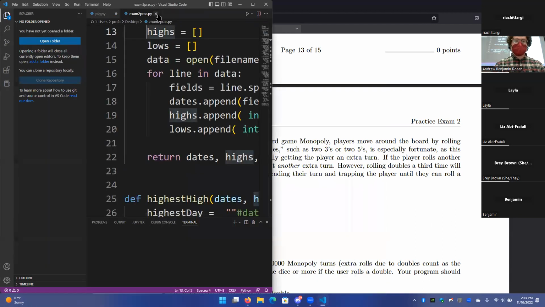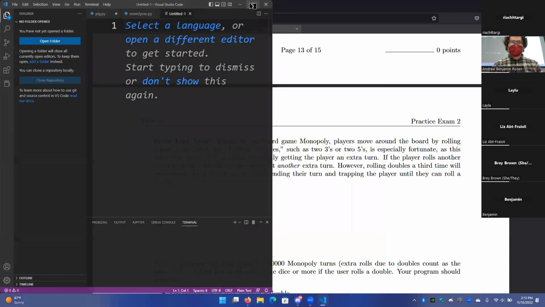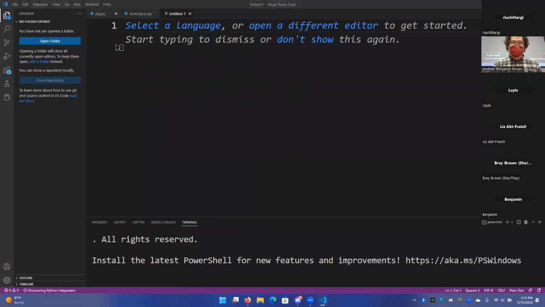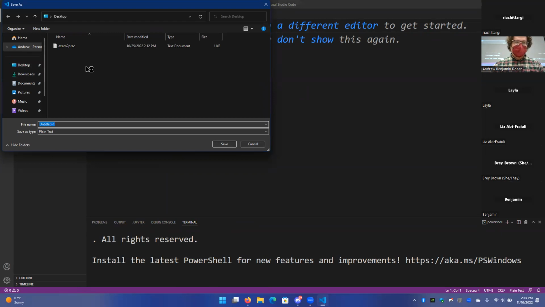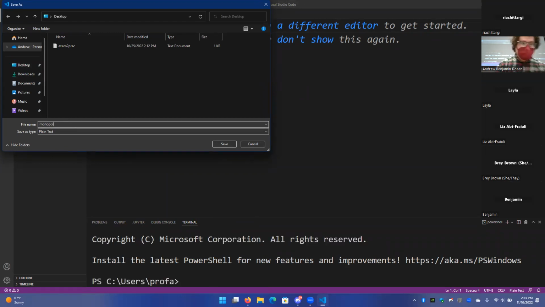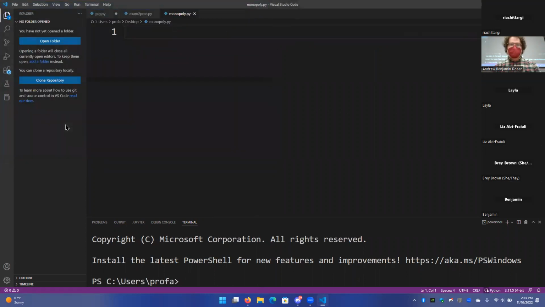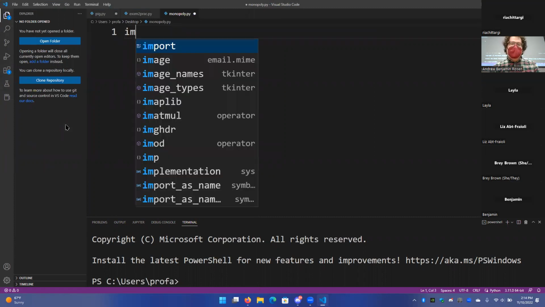Okay. So let's go ahead and I will save this on the desktop as Monopoly.py. So we have a Python file now. For every single program that we do with a Monte Carlo approximation, we are going to need to import random.